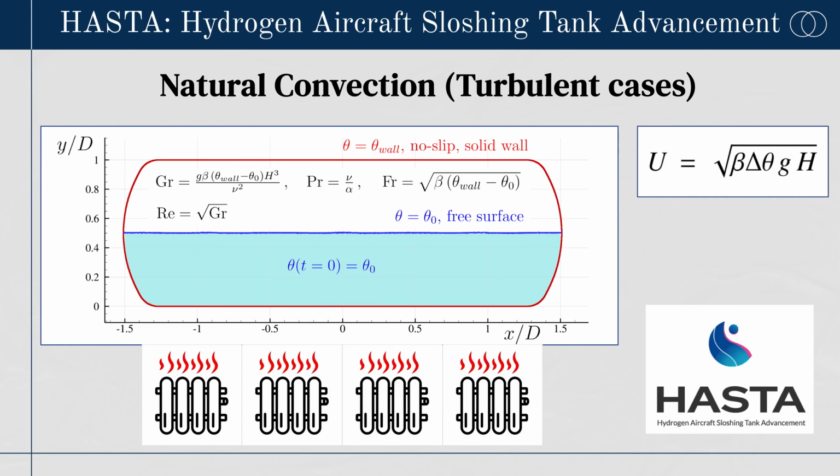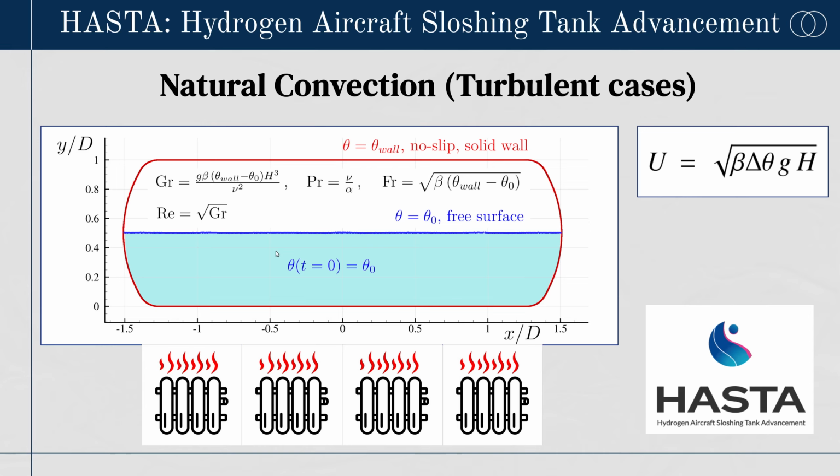A first validation of the new scheme was carried out on natural convection problems. We consider a tank whose walls are at a much higher temperature than the liquid in its initial state, and we assume that the gas phase remains isothermal at the initial low temperature of the liquid.